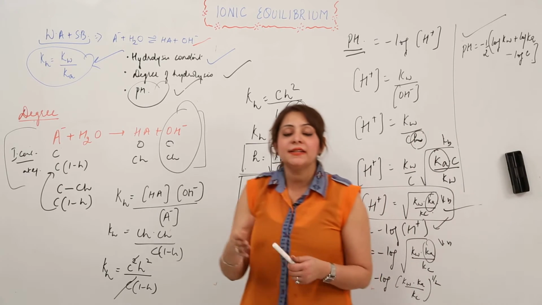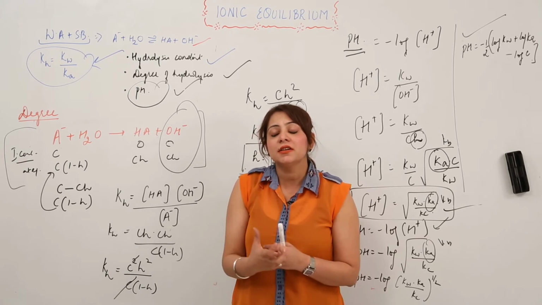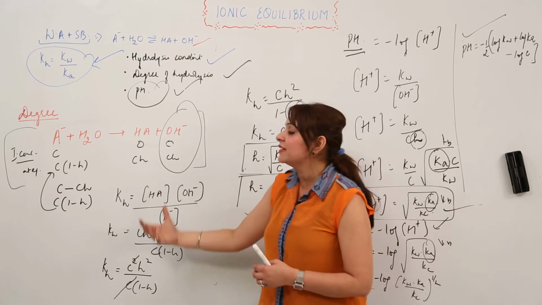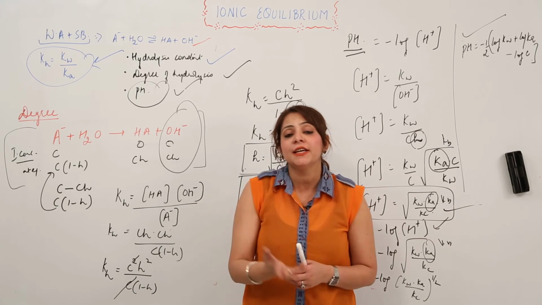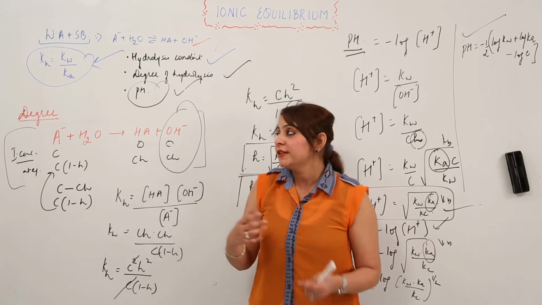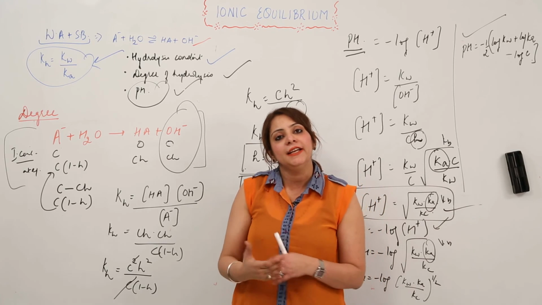So this indicates the cationic hydrolysis. You just have to replace the Ka with Kb, because in that case we have a weak base. We are going to have a cation getting hydrolyzed. So this is how you show the hydrolysis, the cationic and the anionic hydrolysis.